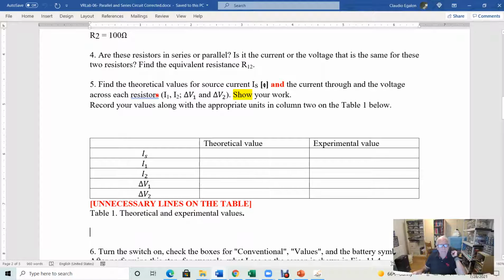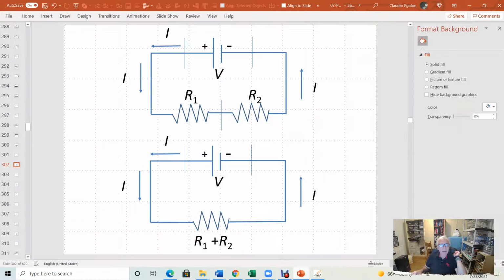How do we do that? Well, we use Ohm's law again. Going back here to my circuit, we found the current through this circuit. Now that we found the current, we go back to this circuit that we had before. Remember, that's the equivalent circuit of this one.